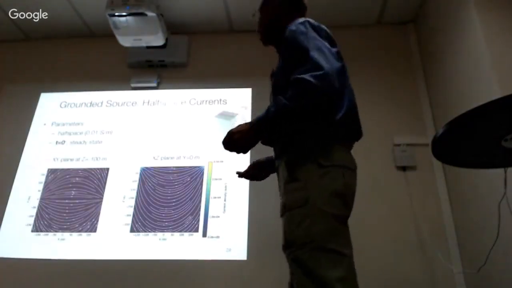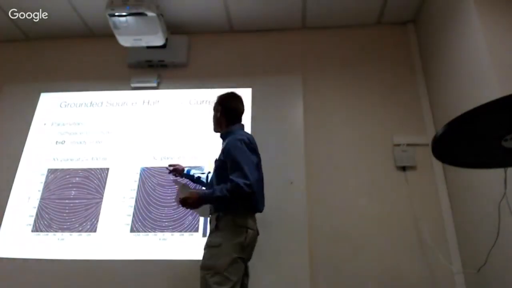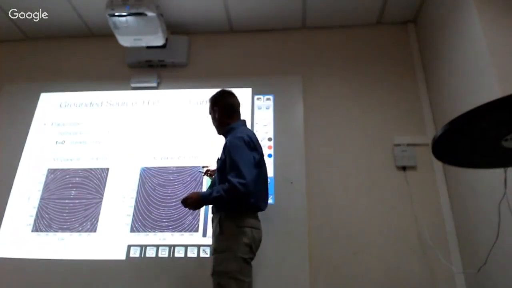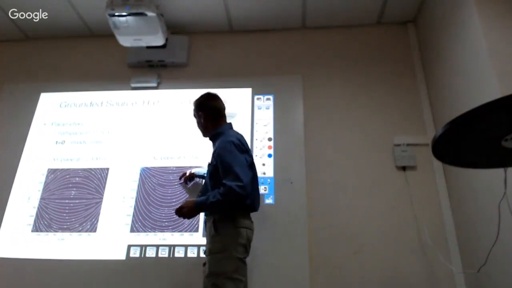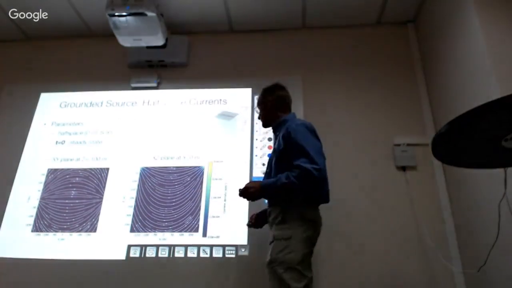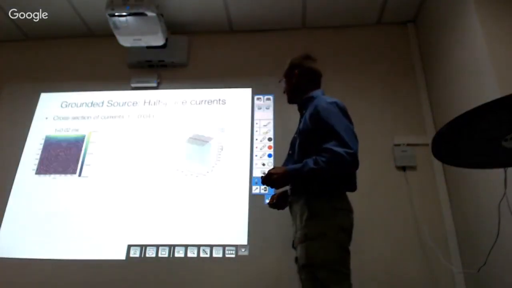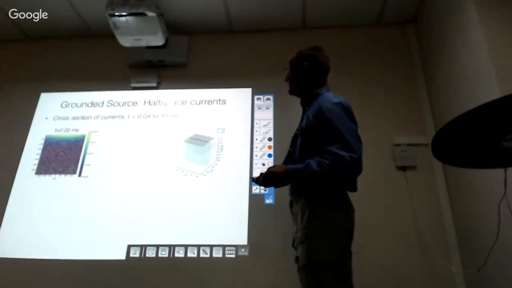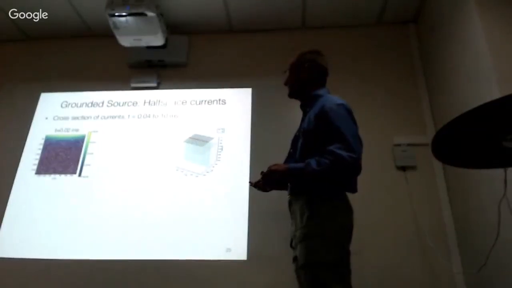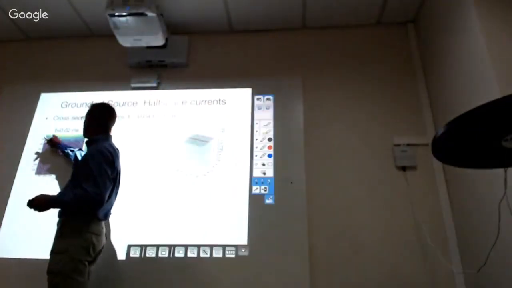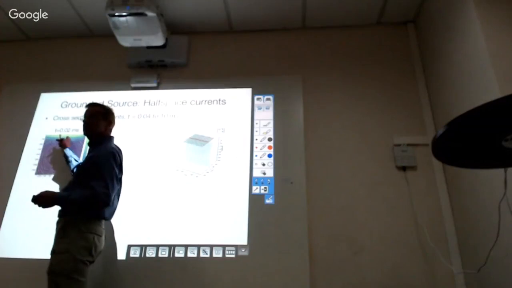Let's look numerically. So here's a half space. That's plan view, this is cross-section. Let's concentrate on cross-section. I've got an A electrode here, B electrode here, and the wire goes around like that. At early time, at 0.02 milliseconds, you can see what's happened. Here's all the currents. They're just right underneath that current wire.